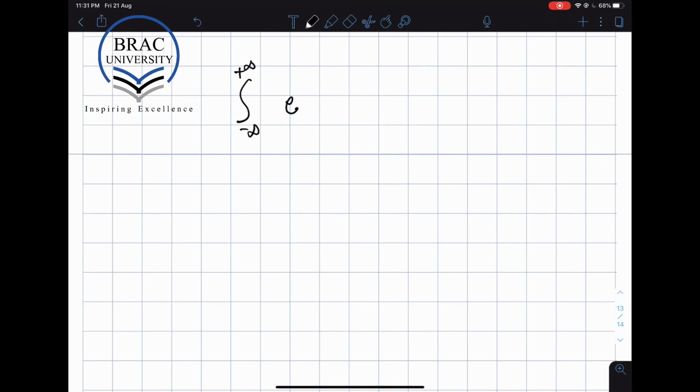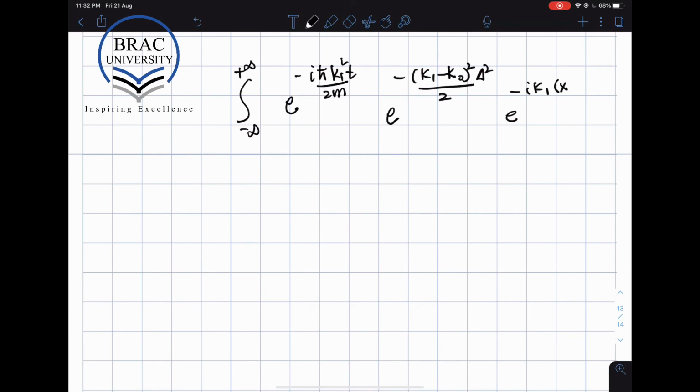e to the power minus I h bar k1 squared t over 2m, then e to the power minus k1 minus k0 squared delta squared divided by 2, e to the power minus I k1 times x minus a, d k1. Of course, what we can do now is let k1 go to minus k1.